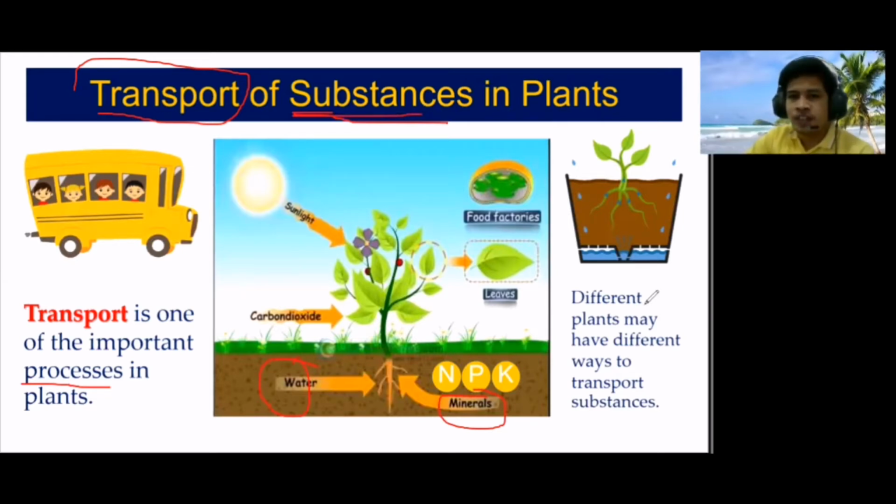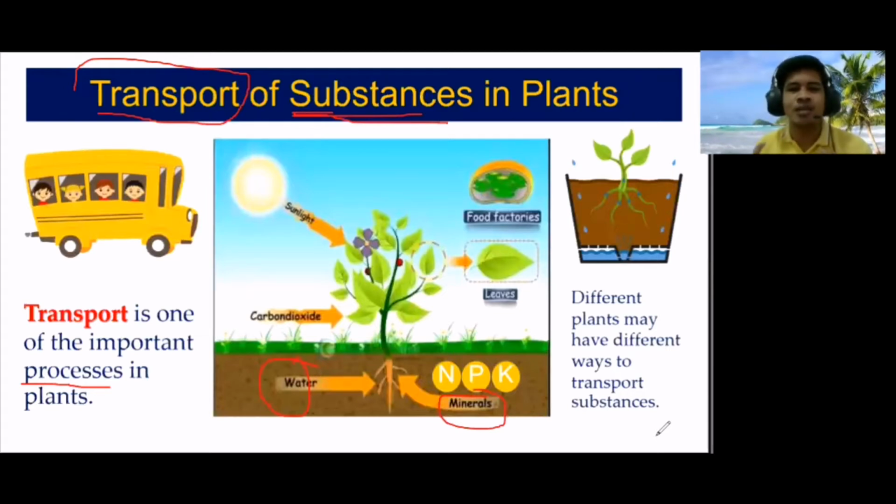Now, different plants may have different ways to transport substances. Just like when you go to school from home, you can go by motorcycle, by songteo, by car, or by van.